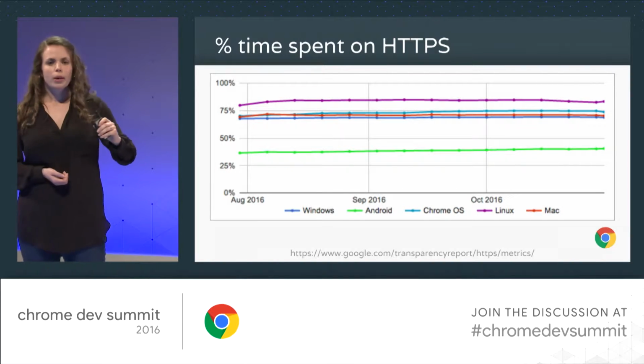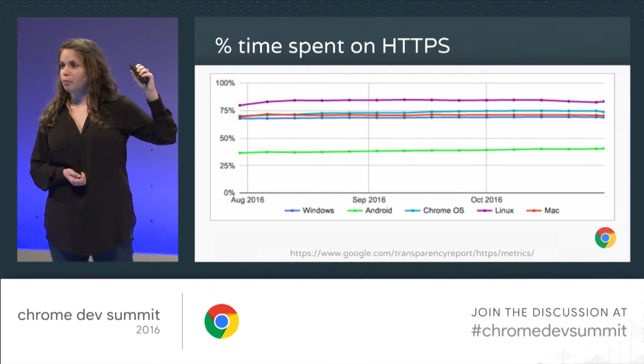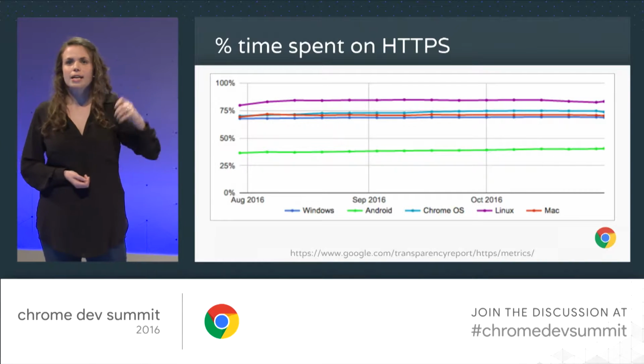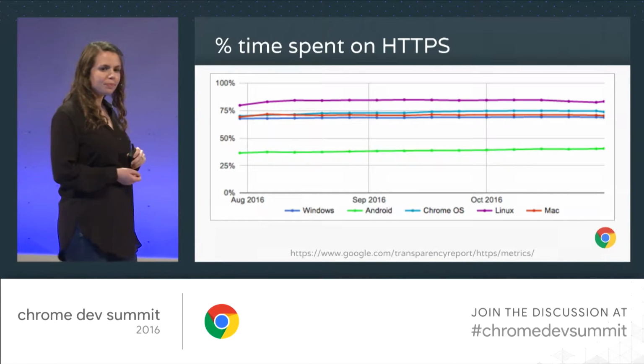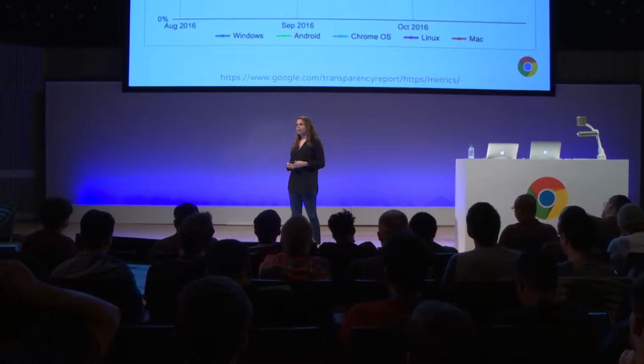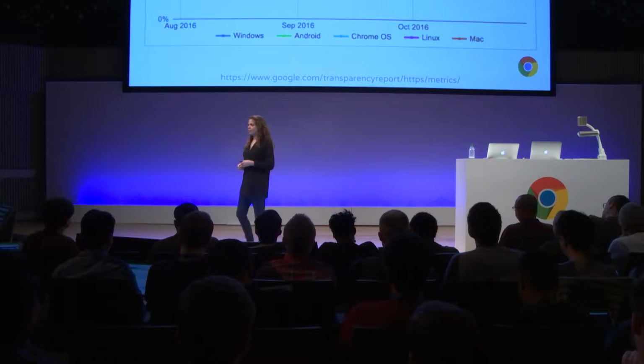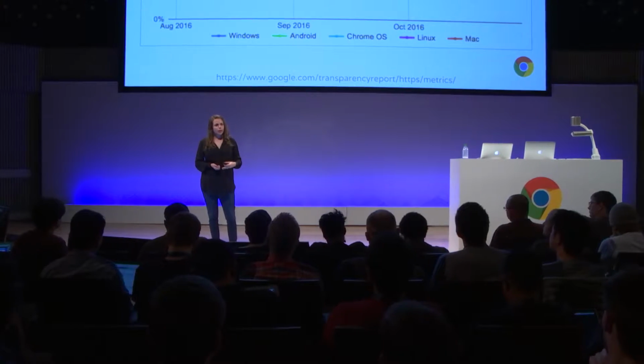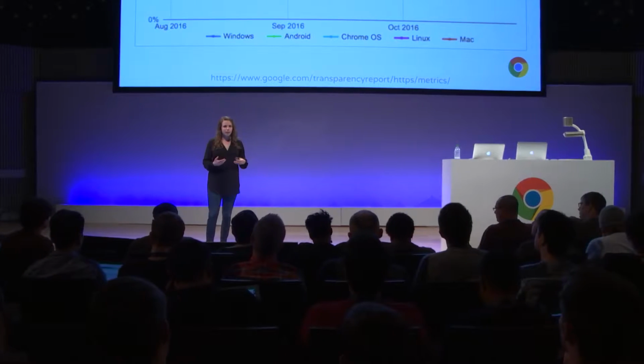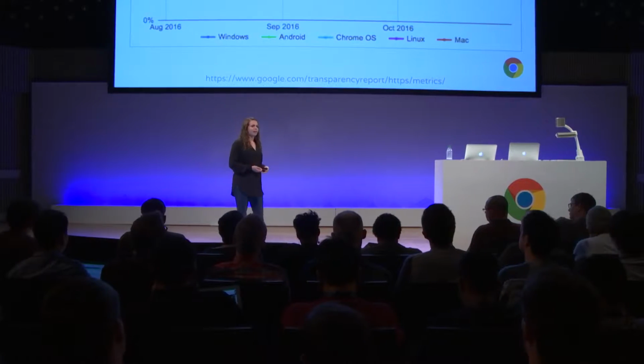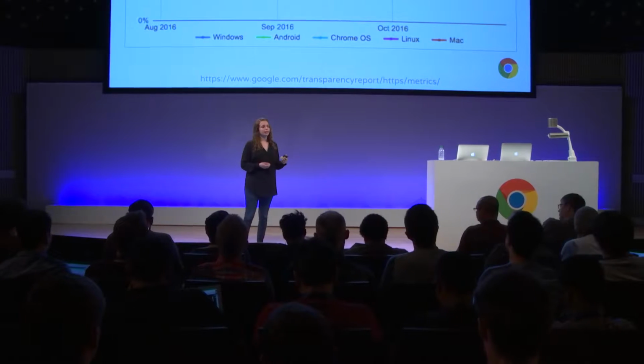I also want to make a quick note about Android usage, which you might have noticed in both of these graphs is this green line. It's kind of an outlier down at the bottom. Again, we don't know why this is for sure, but one hypothesis we have is that on Android, this sort of serious web browsing on Gmail, Facebook, things like that, that's stuff that Android users are doing in apps.